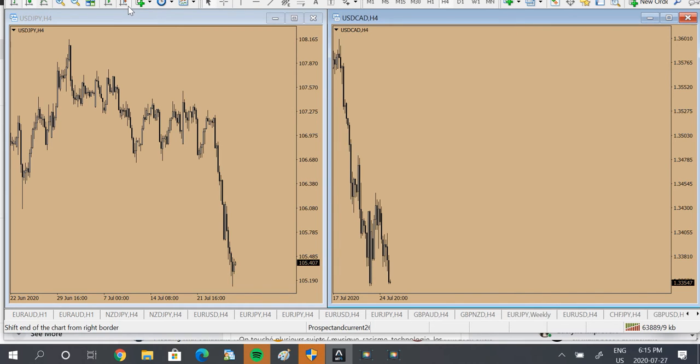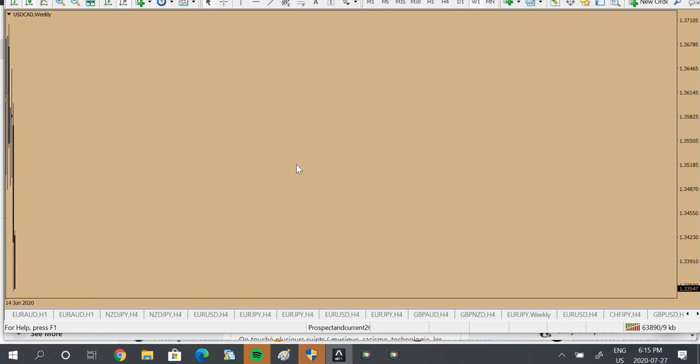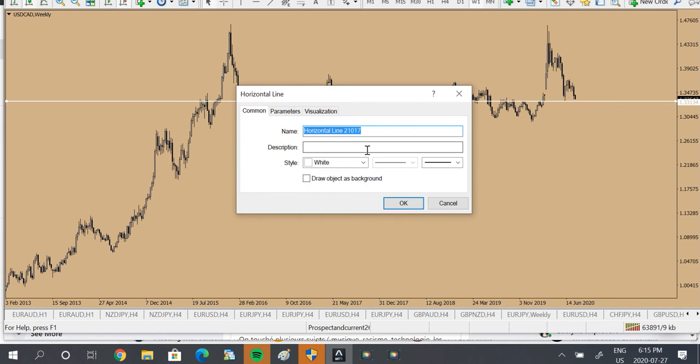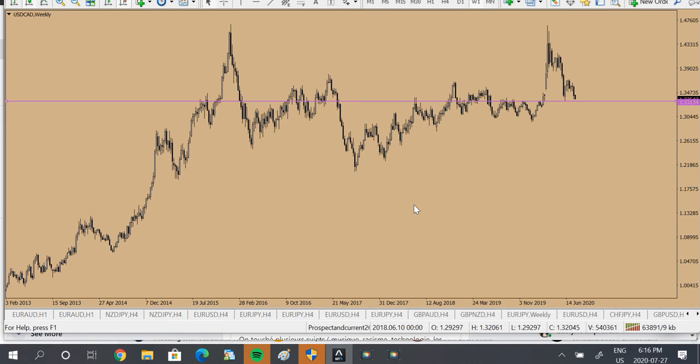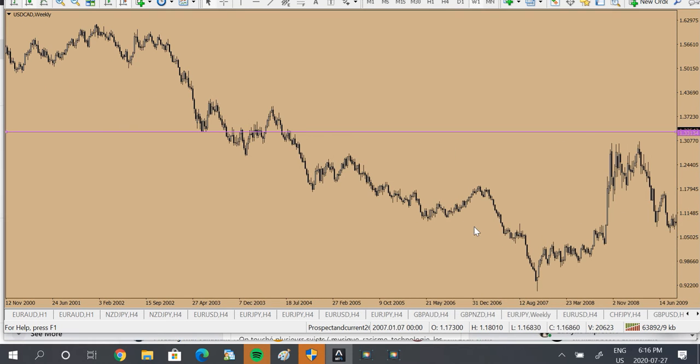First, I'm going to look at the weekly support. If we trace the weekly support, we see that it's in an interesting area.